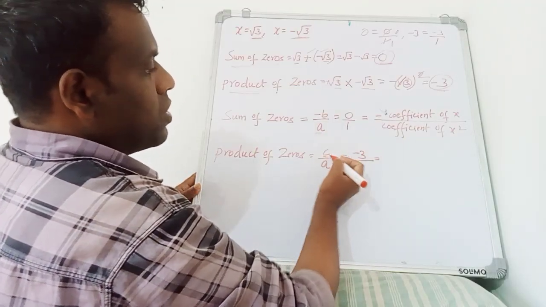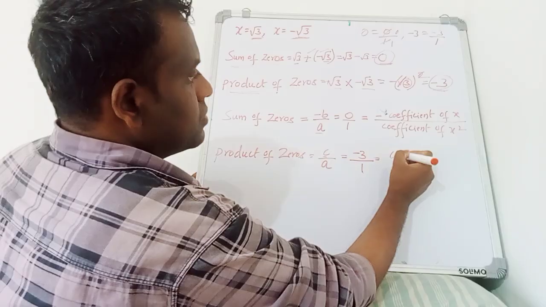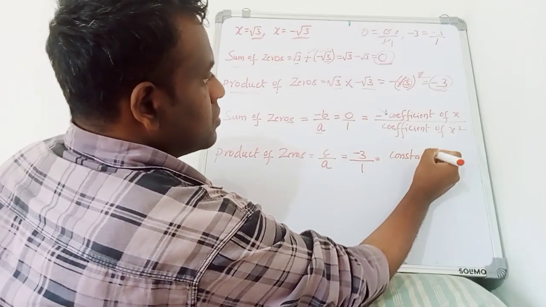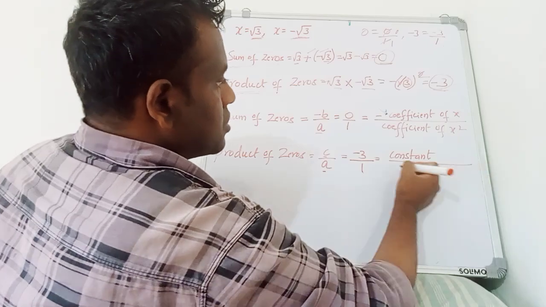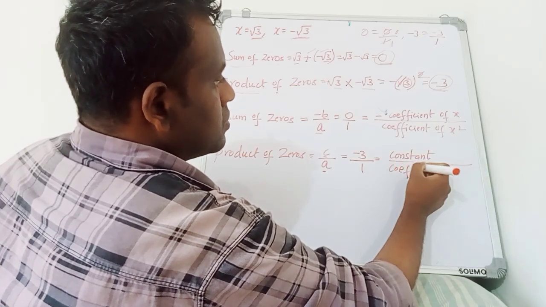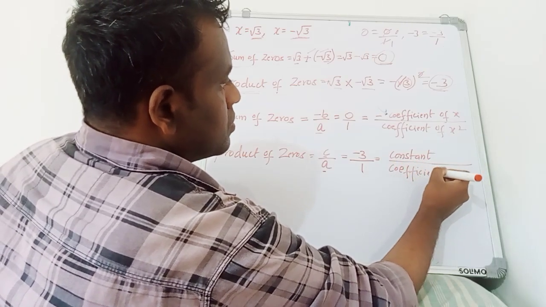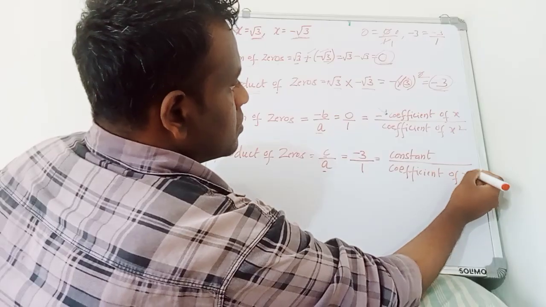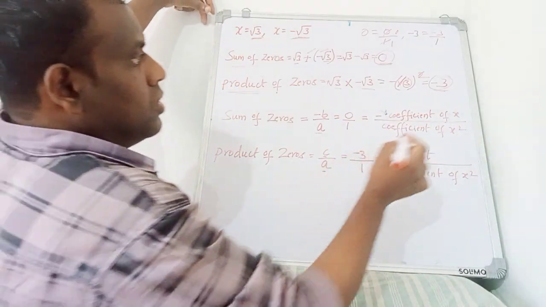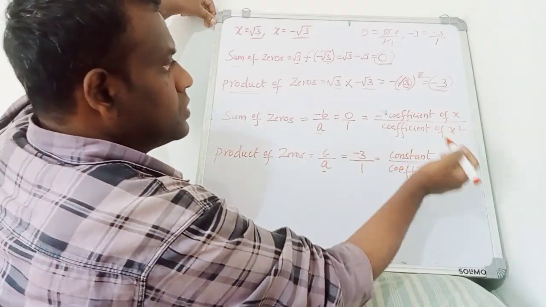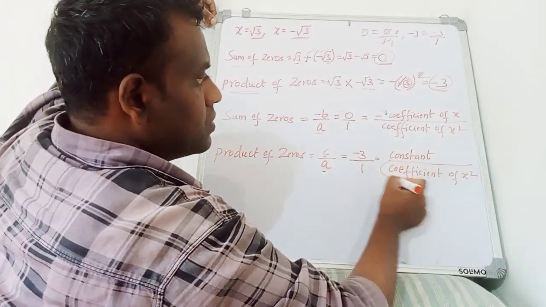Now this c is what? It's a constant. A is what? Coefficient of x square. Now consider the first coefficient of x square.